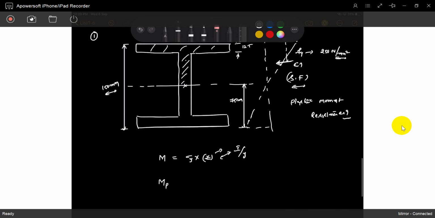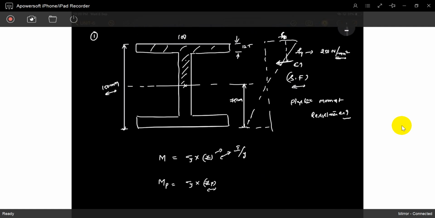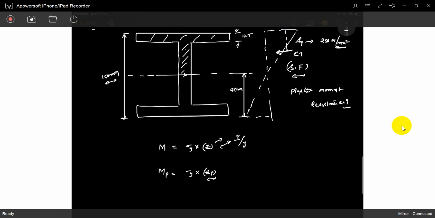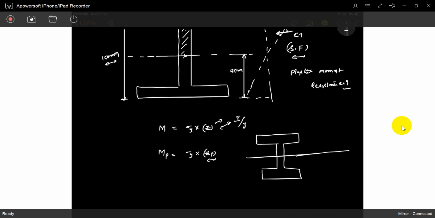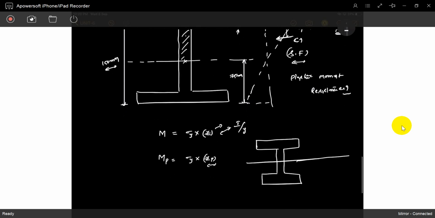But Mp is sigma y into Zp, the plastic section modulus. Sir, how can you find the plastic section modulus? I said plastic section analysis is to find it out. For plastic analysis you have to first find the neutral axis, which is the equal area axis.